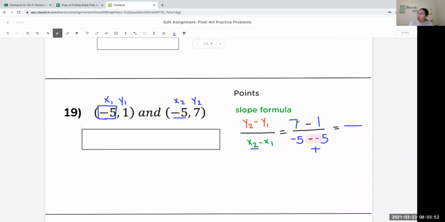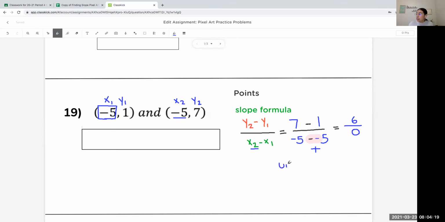All right, so now we have 7 minus 1, which is just 6, and -5 plus 5. So a negative and a positive, those are different signs, so you want to subtract them. 5 minus 5 is 0. So notice here we have a fraction with 0 in the bottom, 0 in our denominator.